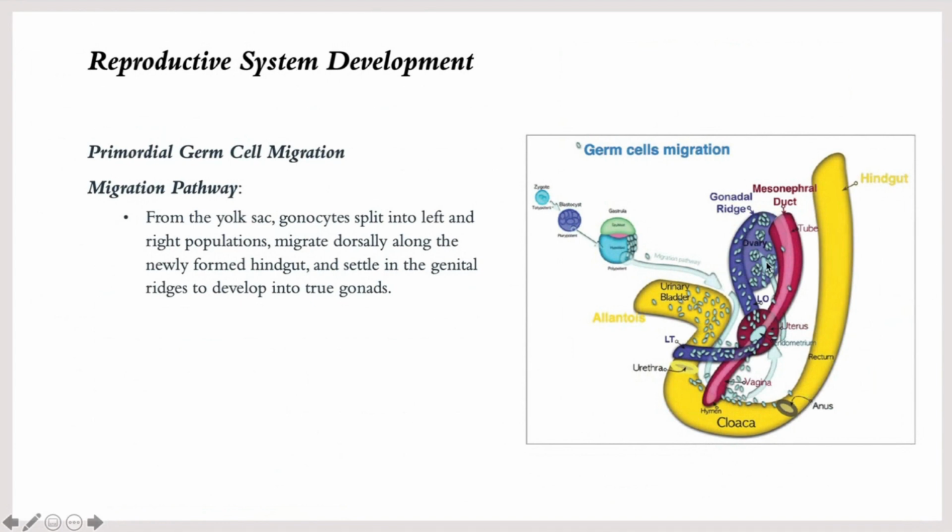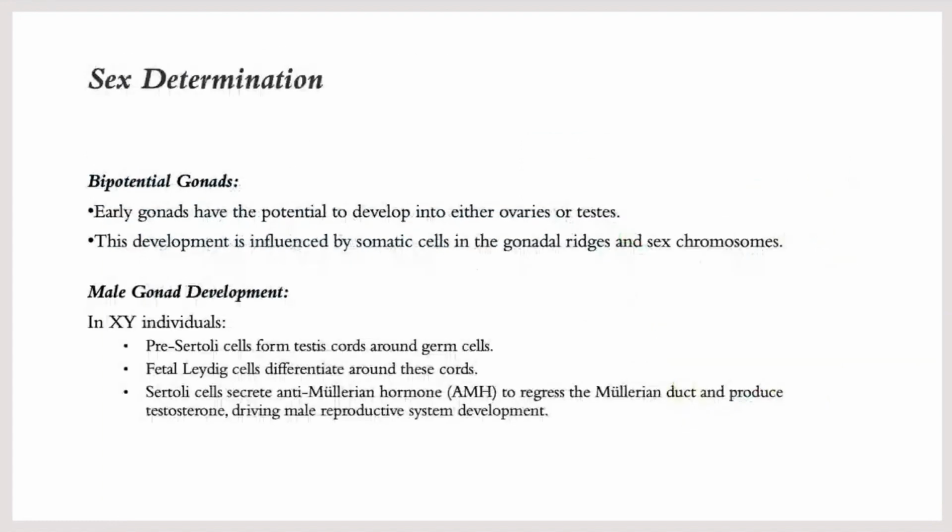So the primordial cells, the early sperm cells and early egg cells, are going to move from the yolk sac and then go into the hindgut. Okay, so these blue structures here. And then they're going to settle in the genital ridges and develop into the true gonads. So this would be either the ovary or the testes.